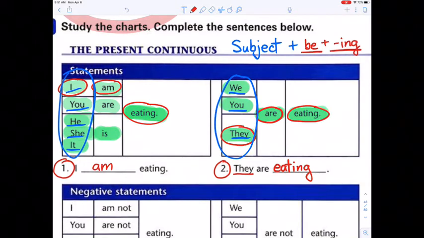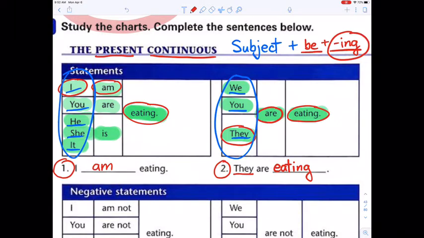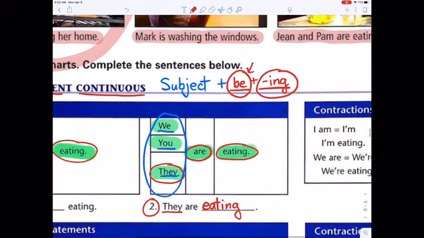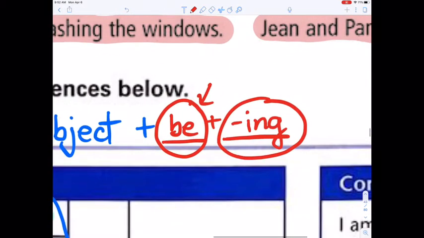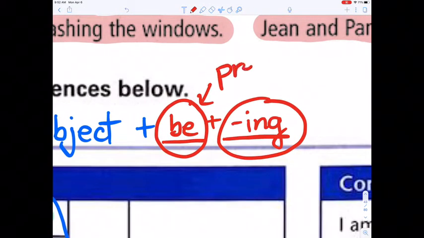This is why we call it the present continuous. This part here, ing, this is continuous. This part here with be, this one needs to be present. So present means now.